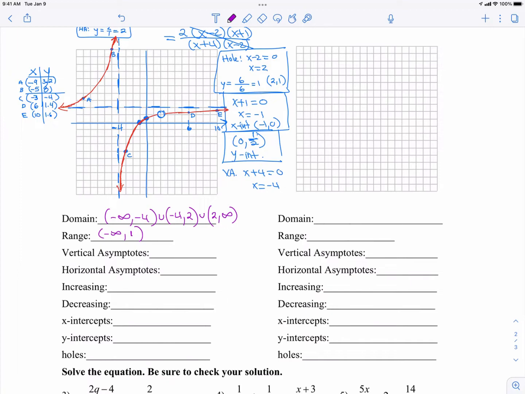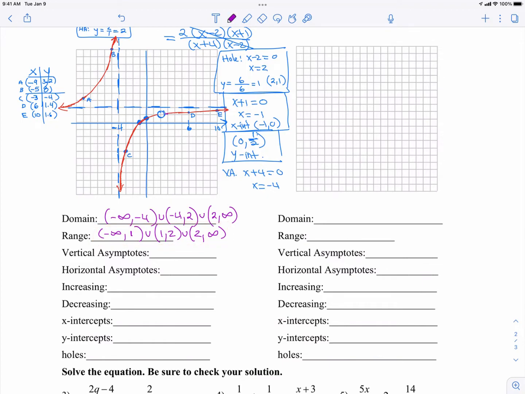And then it will go from 1 until it gets to this horizontal asymptote. Now that horizontal asymptote is going through 2, so that's union from 1 to 2. All right, then we can jump over the horizontal asymptote, and now we're on this curve, and that's going to go from 2 all the way up to infinity. So union 2 to infinity. All right, so this is our range here.